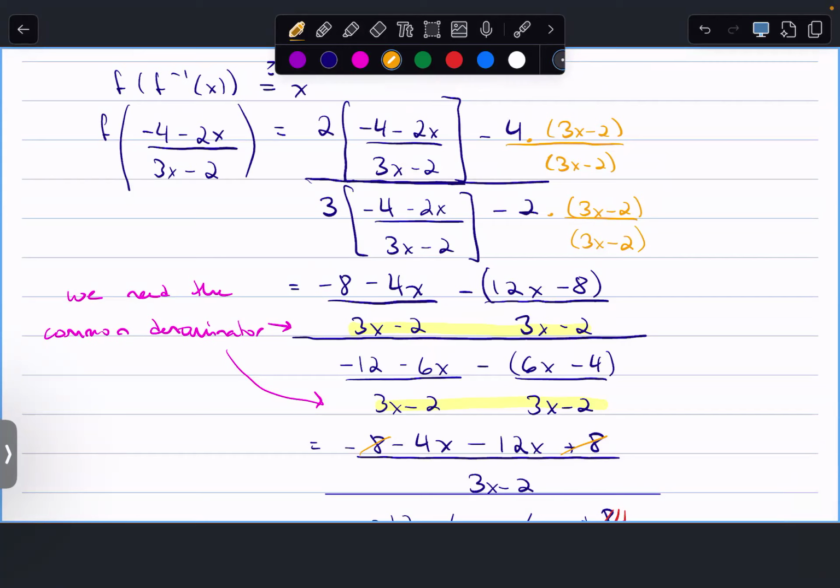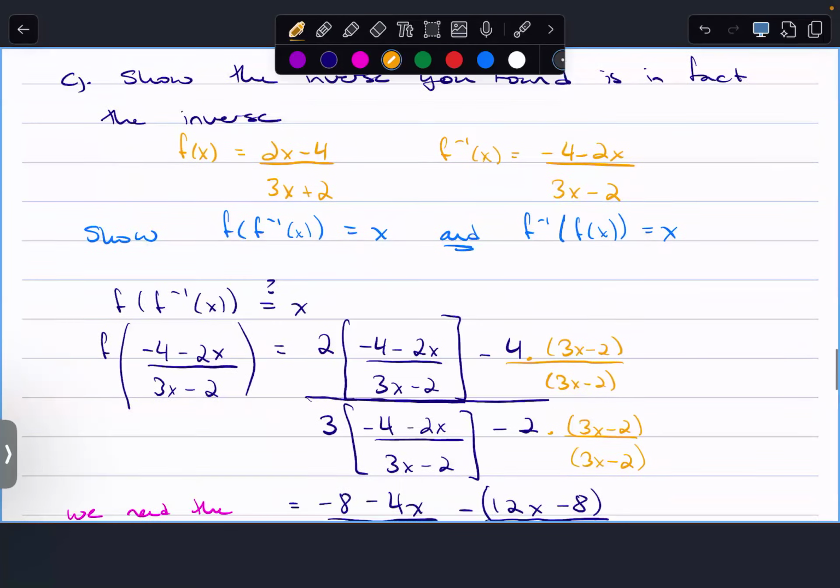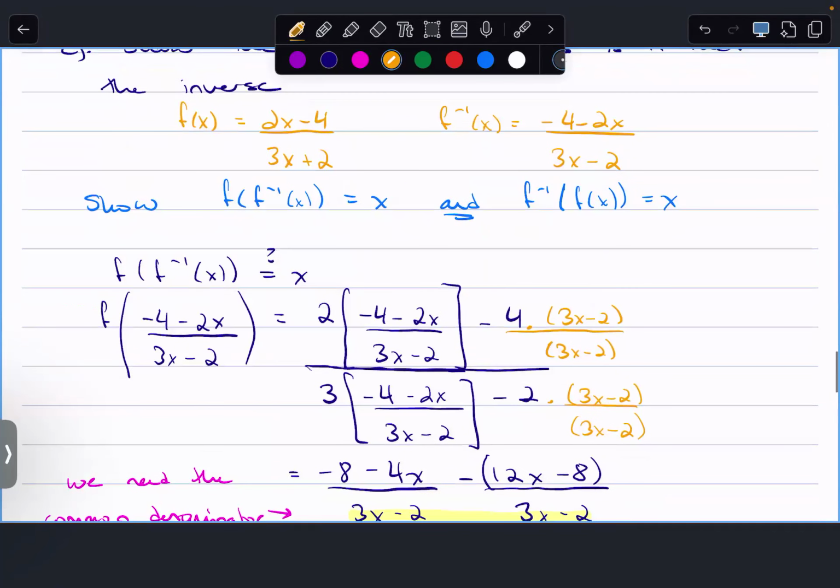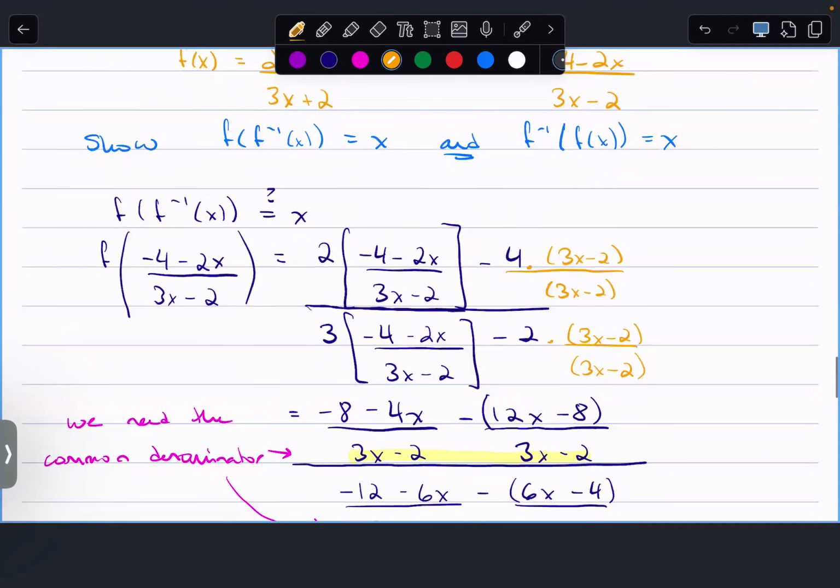I'll give you 1 mark on test 2 if you can find it. Decent exercise. I'll try to find it. And the race is on. Hopefully I wrote out my functions correctly. 2x minus 4 over 3x. Oh my gosh. No marks for you.